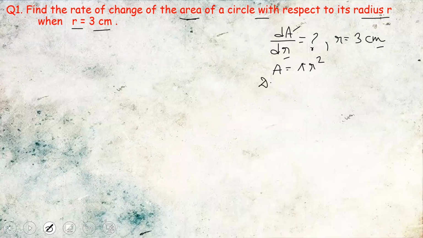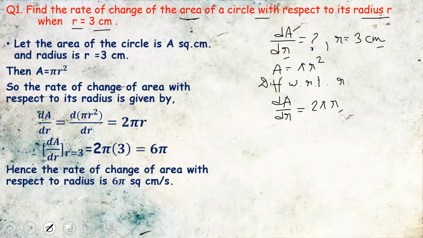Now differentiating this equation with respect to r, both sides, that is dA/dr, I can write, just apply the x to the power n formula. So we will find that is 2 pi r. So from here I can write this rate of change is given by 2 pi r.